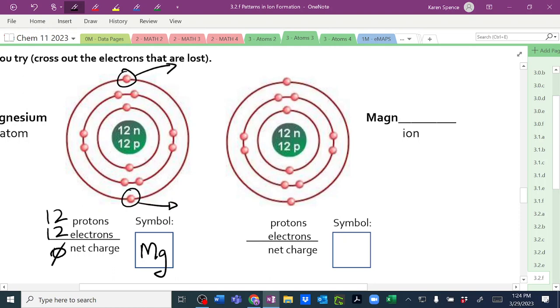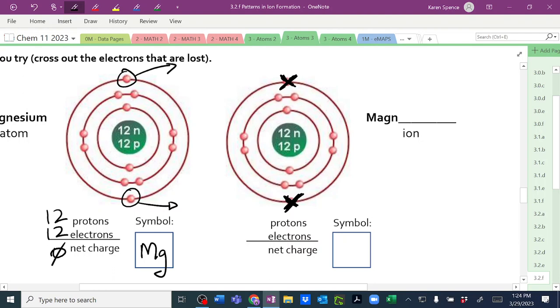So if I were actually doing this on paper with a pencil, I would erase them, but this is printed, so we cannot erase them, so I'm simply going to X them out so that now they're no longer there anymore. Okay, so they're gone. If you're writing a quiz tomorrow and you have drawn those 2 electrons in and you want to get rid of them, you can either erase them, or if you don't want to go through the bother, you can just cross them out. Either way is fine. Okay?